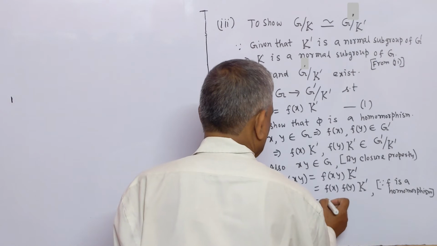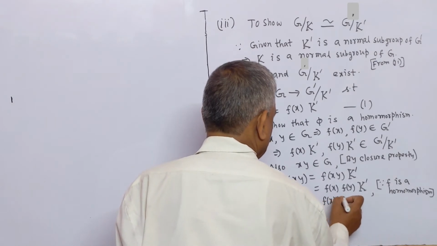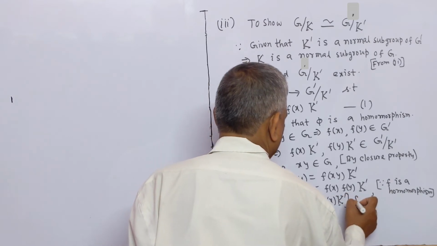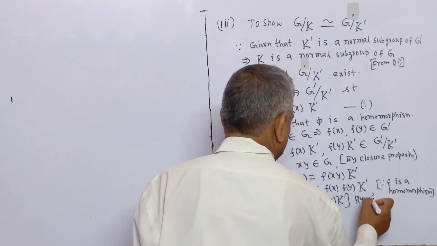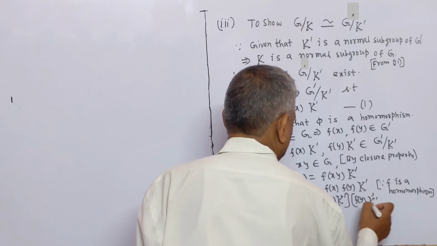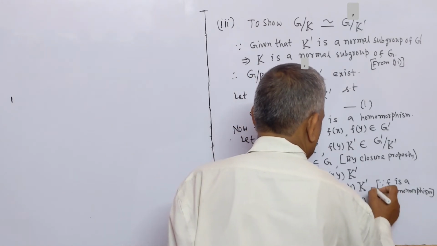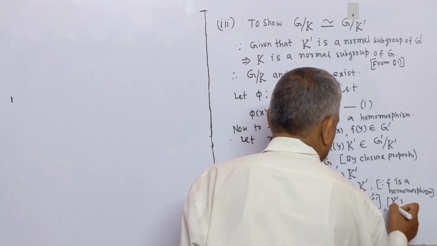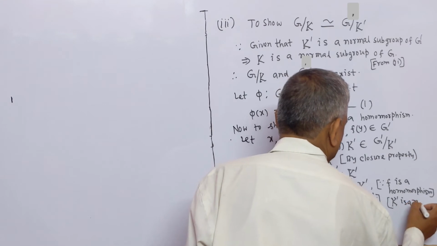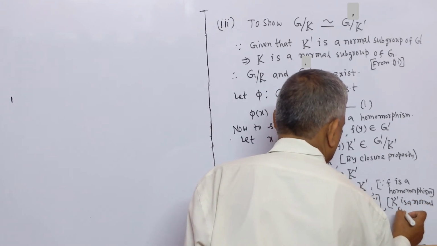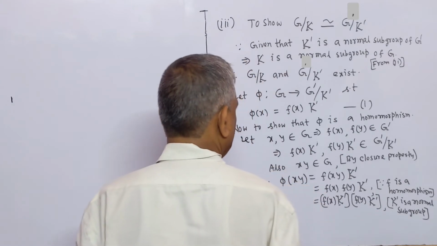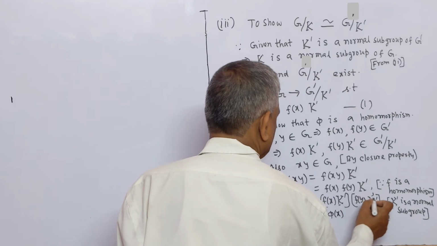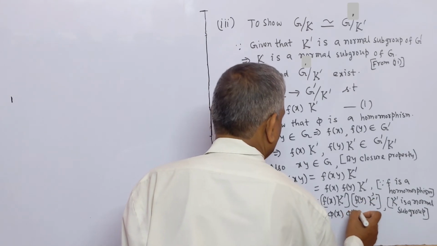This equals f(x) K' f(y) K', since K' is a normal subgroup, and this equals phi(x) phi(y).